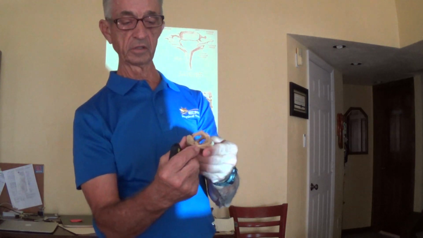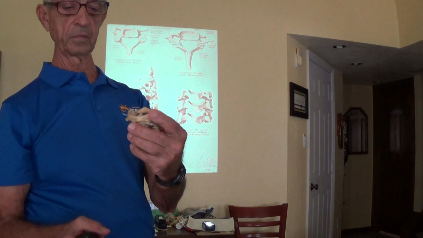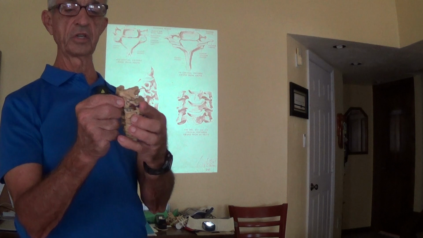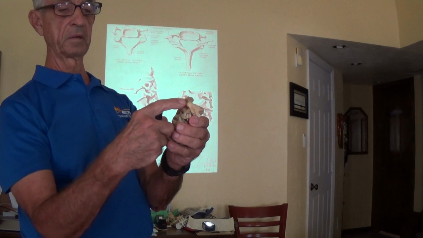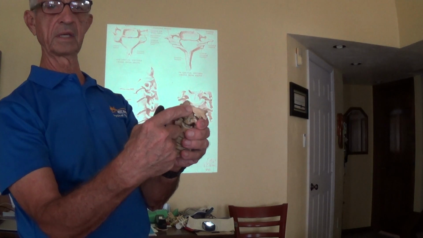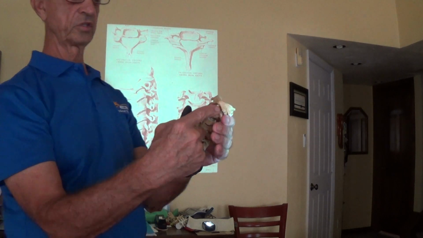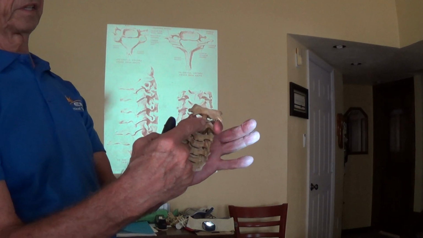It's just a round bone with an anterior arch and a posterior arch. Okay, and there's no disc here. There's no disc in between the occipital-atlantal articulation. There's no disc between the atlas and the axis.